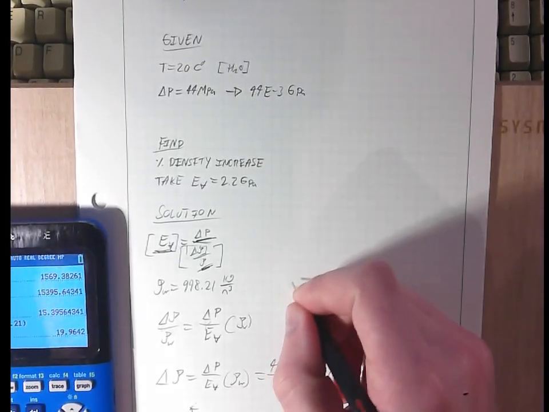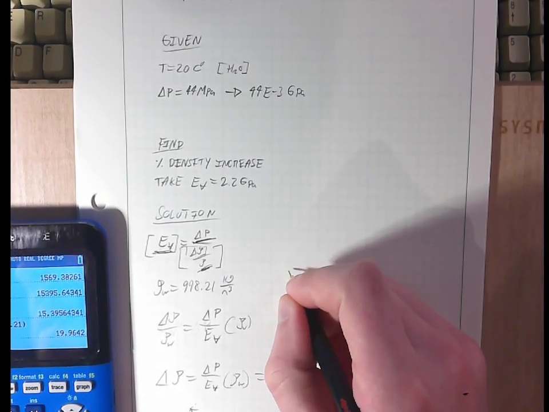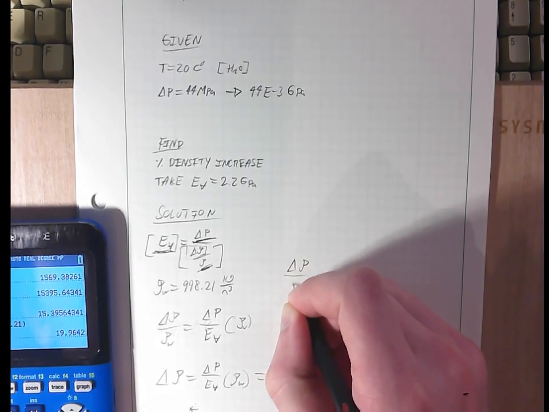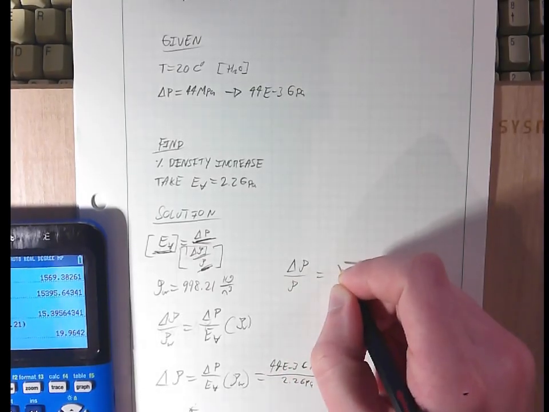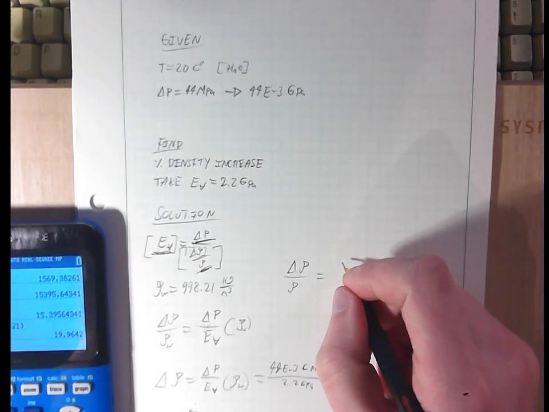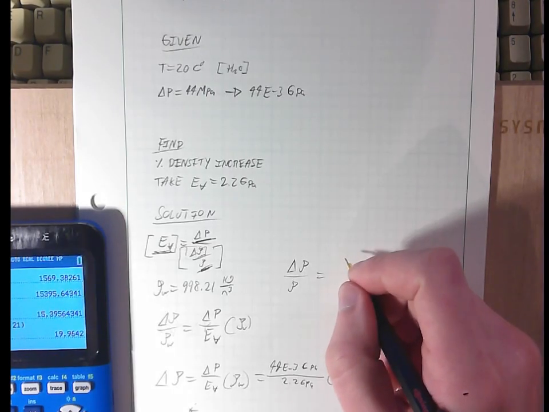So this is going to be, I think this should be, this, divide that by, or it should be the other way around, right? 998.21.